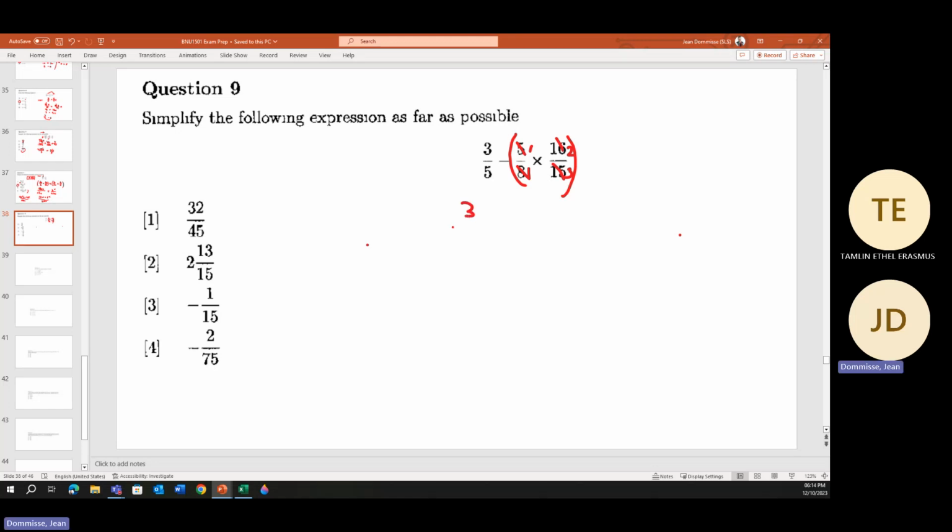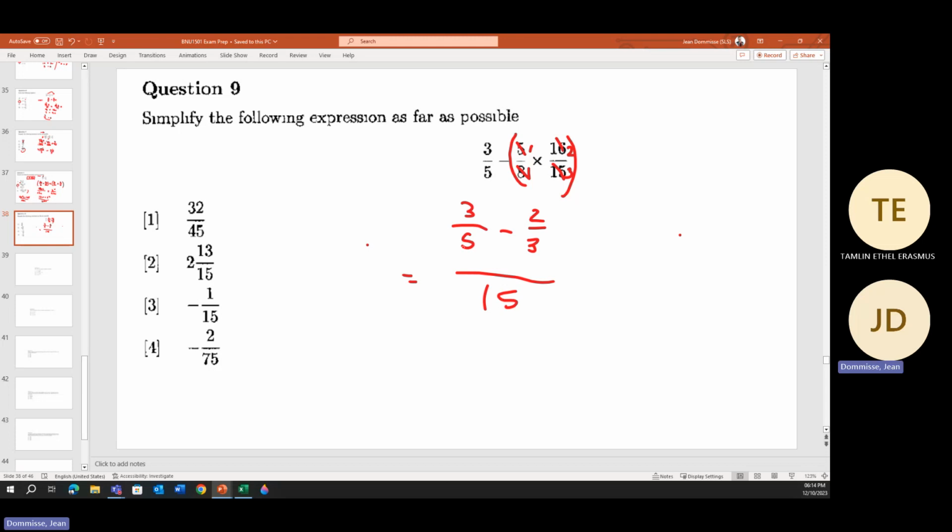So then we're sitting with 3 over 5 minus 2 over 3. It feels like it's going to be something negative. Common denominator, so we'll have it as 15.